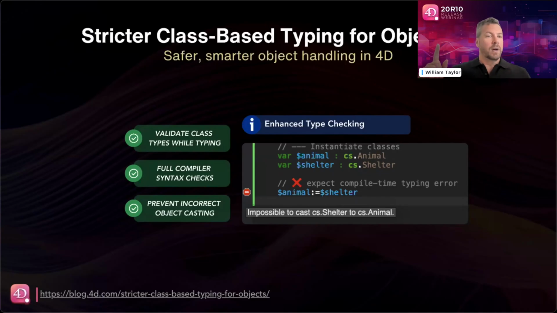Great. Hopefully in test. Now 4D verifies the actual class type at compile time, but also while typing in the editor. So if you try to assign the wrong type, you immediately get an error. No more guessing, no more silent bugs of that nature. This gives you two benefits: smarter auto-completion and stricter compile time checks to catch mistakes earlier.